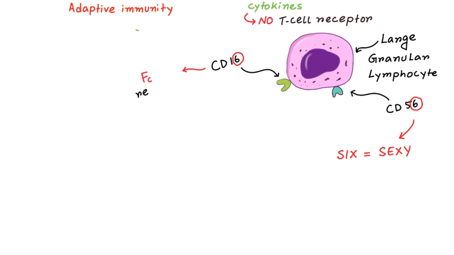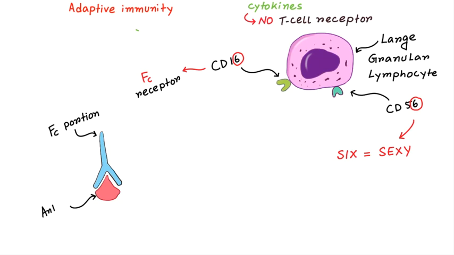Here CD16 acts as a Fc receptor. Do you remember the parts of antibody? The tail portion, which is called Fc. CD16 has the capability to bind with the Fc portion of the antibody. So what is the importance of having this receptor? Well, suppose here is an antigen which is coated with the antibody.